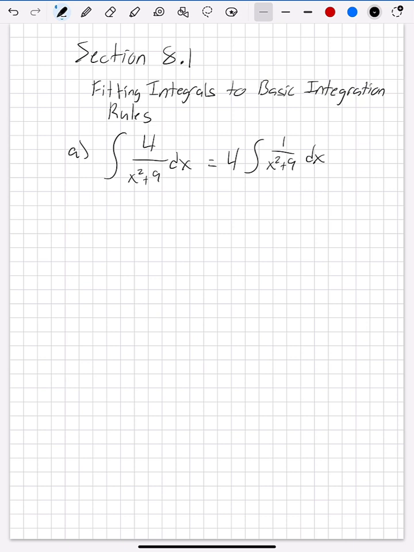Okay, I still don't know how to integrate 1 over x squared plus 9, but if I rewrite that as 1 over x squared plus 3 squared dx, now I have an arc tangent, right? Because I've got an x squared plus a squared.